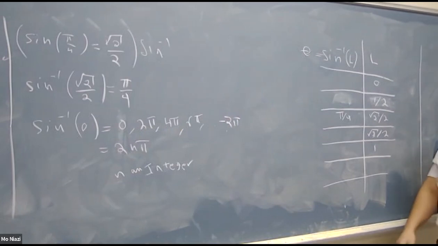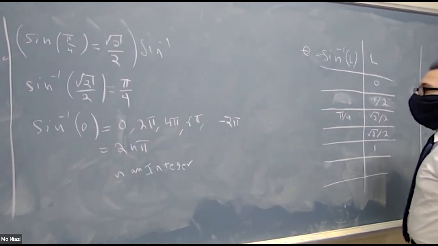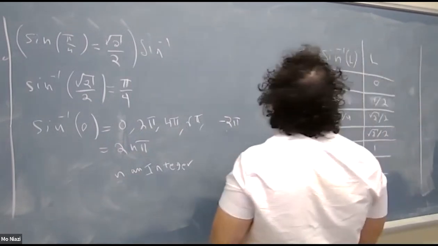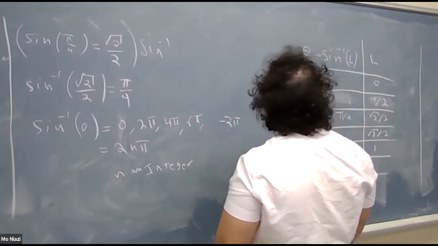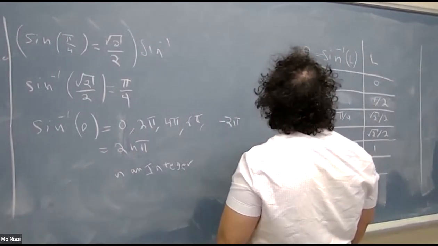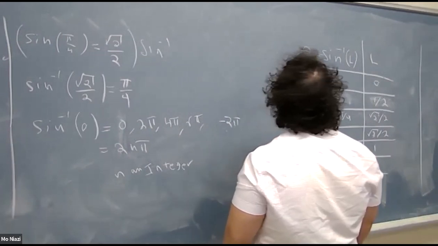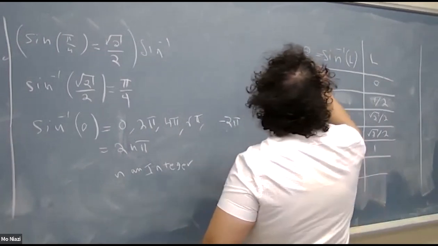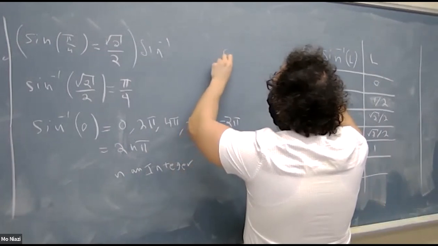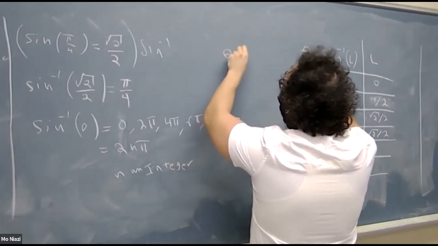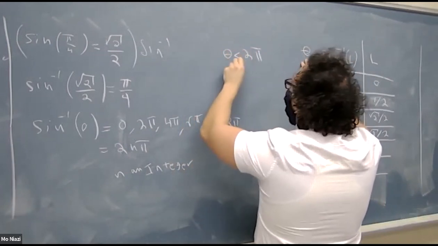So if we want to restrict our outputs, let's restrict the range and say, okay, let theta range only from 0 to 2 pi.